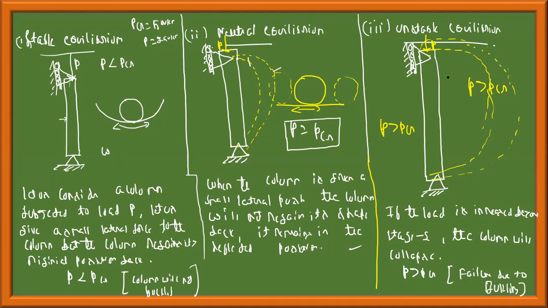But when the load is greater than the critical load, even after removing that load, it will deform plastically and will not come back to its original position. This load which is greater than the neutral equilibrium load, that is the second stage, is called your buckling load.